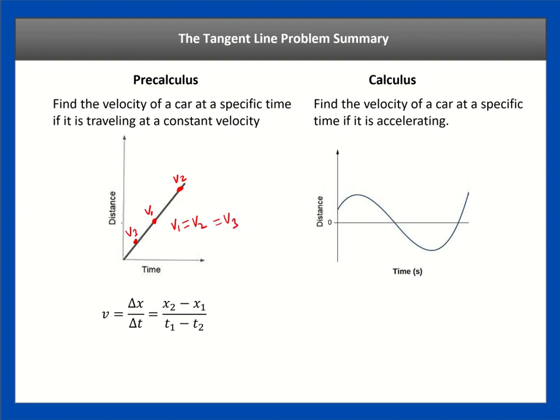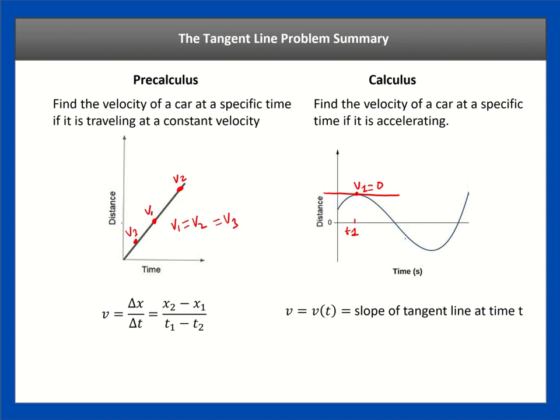All right, and then the right side, we said, is more dynamic, and so the velocity actually varies over time. So the slope of the tangent line changes. In here, the tangent line might be flat, and therefore the velocity at this time, let's call this time 1, is going to be 0 because it's a flat line.